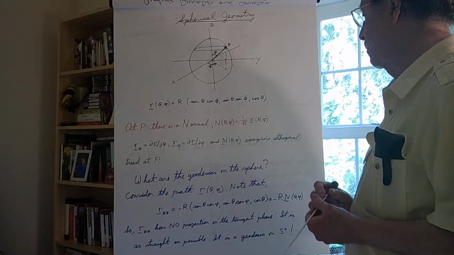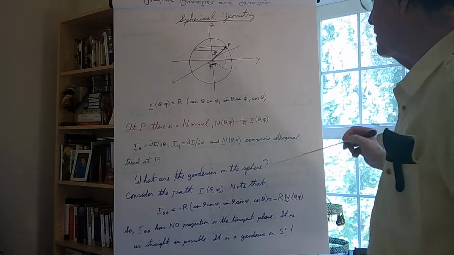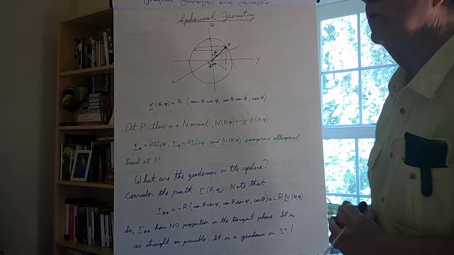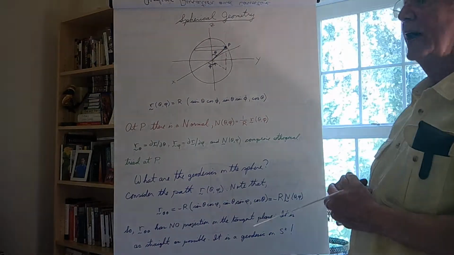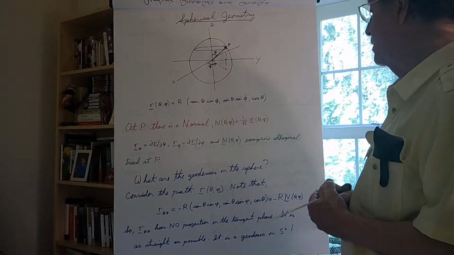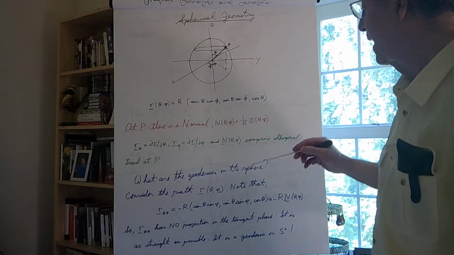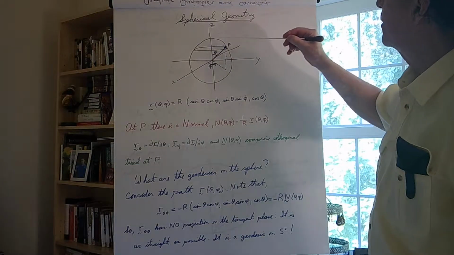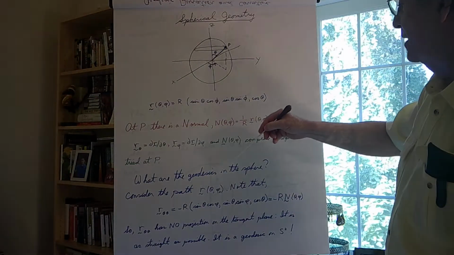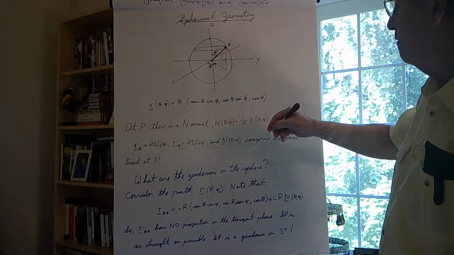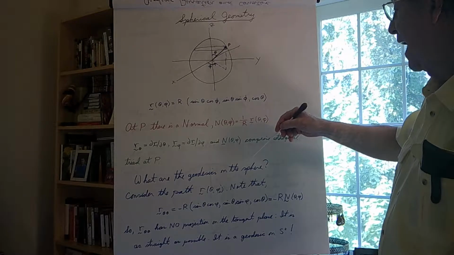Well, first thing we want to know is, what are the geodesics on the sphere? We want to do some geometry on the sphere. So we want to know the analog of straight lines in Euclidean space, and those are going to be geodesics on the sphere. Well, we might consider first, to get the right idea, go to the North Pole over here and consider the position of a point of variable theta but fixed phi.